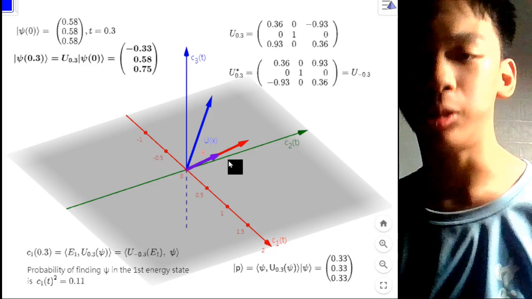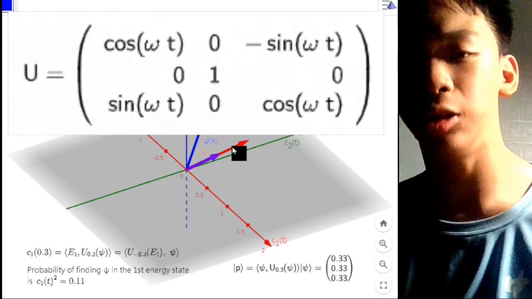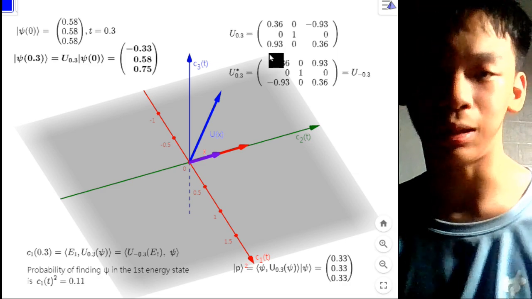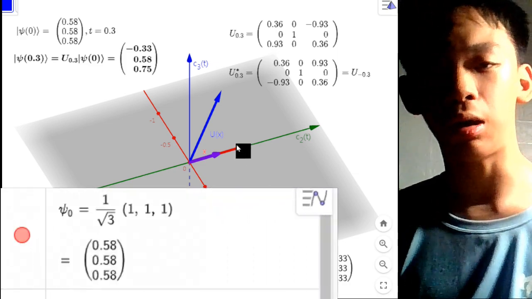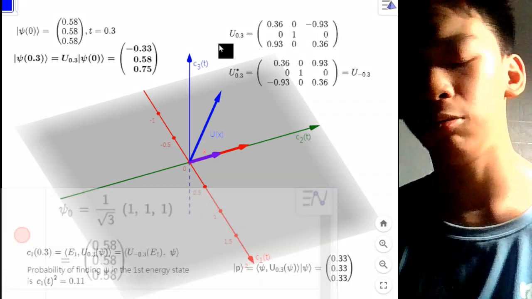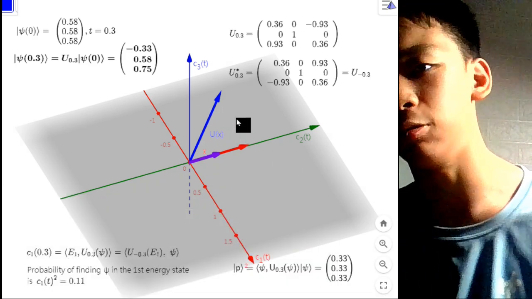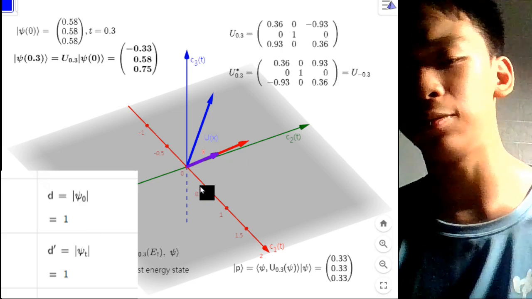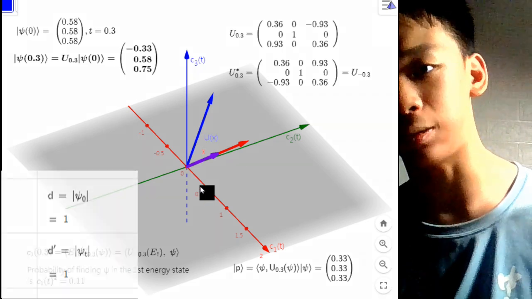As in the GeoGebra file, we're going to let the matrix U of t be the one shown here. Applying U to the initial state, psi of 0 equals 1 over root 3 times the vector 1, 1, 1. As shown in red, we get psi of t shown in blue. The variables d and d prime are the norm of psi 0 and psi t respectively.